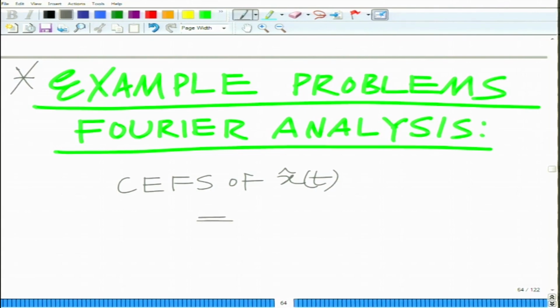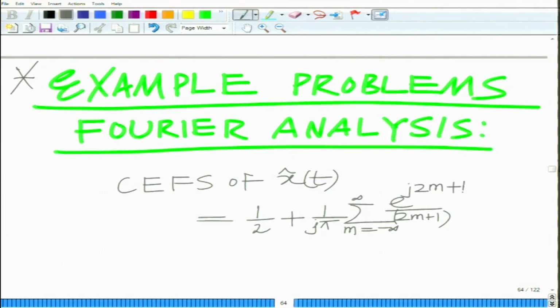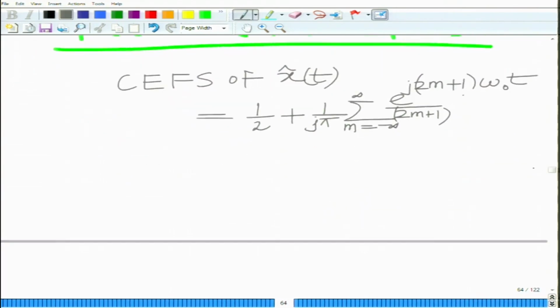This is given as half plus 1 over j pi, summation m equals minus infinity to infinity, 1 over 2m plus 1, times e raised to j 2m plus 1 omega naught t. This is the complex exponential Fourier series of x tilde t.